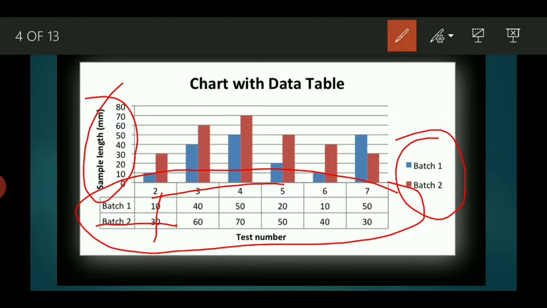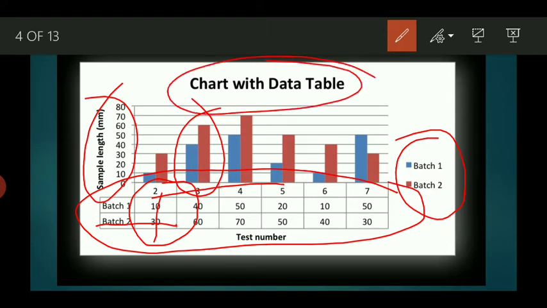By seeing this table, I can directly tell the length of each batch instead of seeing the graph. So this helps us to quickly tell what exactly the graph is showing. And this is the chart title, and this is the x-axis representing test number and the y-axis representing sample length.